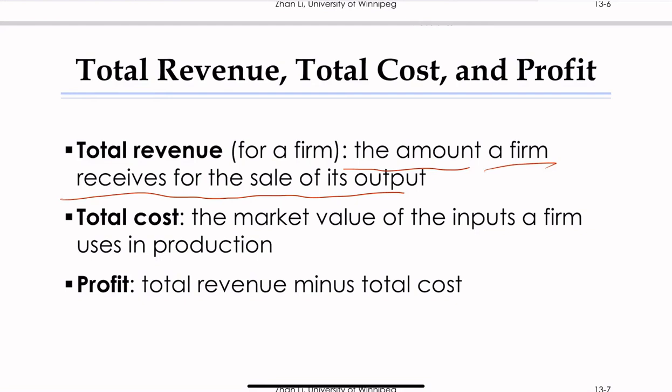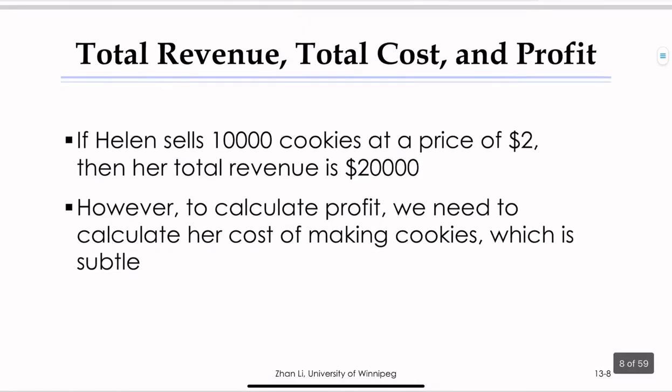And profit is the difference between total revenue and total cost. Let's see this extremely simple example. If Helen sells 1,000 cookies at a price of $2, then total revenue is 1,000 times 2, which gives you 2,000.